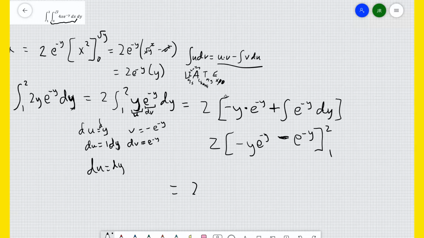So now it's going to be 2, and it's going to be negative 2 e to the negative 2 minus e to the negative 2, minus negative 1 e to the negative 1 minus e to the negative 1.